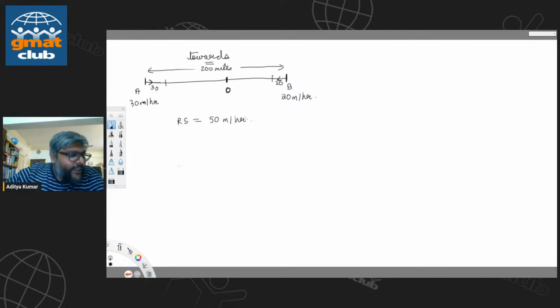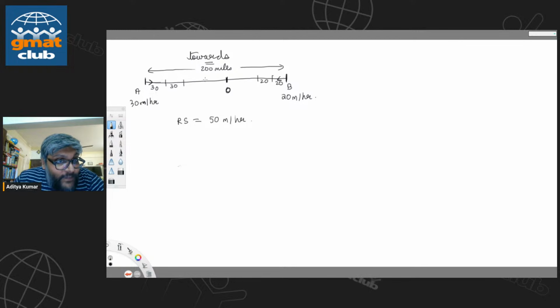But let's again continue visualizing it in intervals of 1 hour. So 30, 20, 50 miles is covered. In the next 1 hour, A would cover another 30, B would cover another 20. So another 50 is covered, a total of 100 miles.